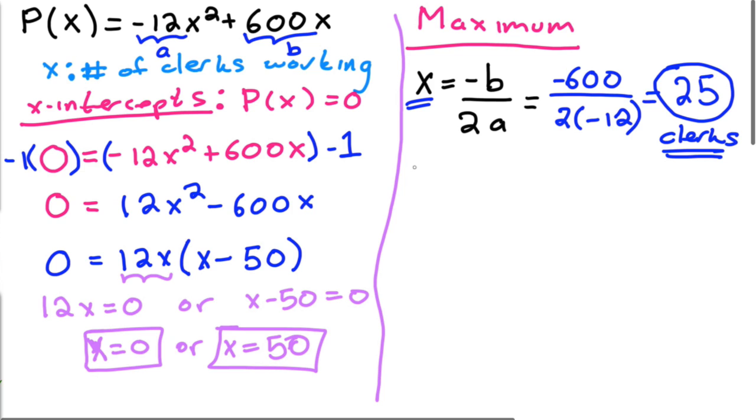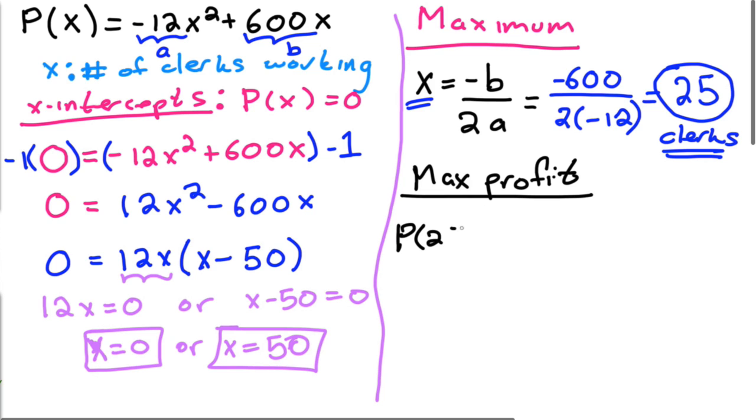So the maximum profit is P of 25, in other words, the profit when 25 clerks are working. If I plug 25 in, I get negative 12 times 25 squared plus 600 times 25.